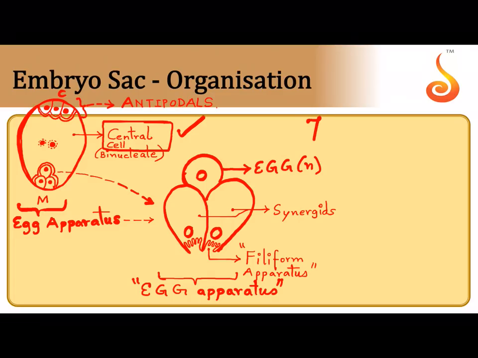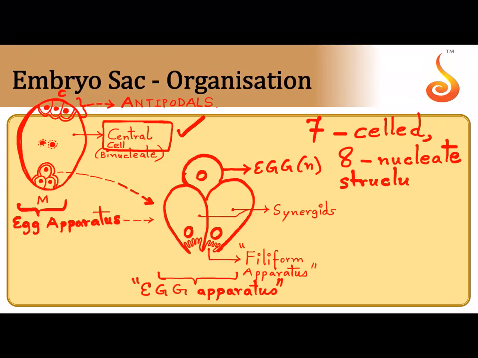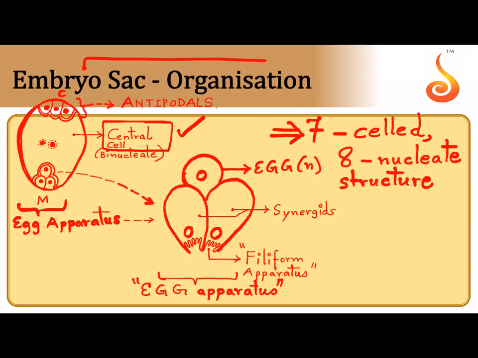So now you saw the organization: the embryo sac or the female gametophyte is a 7-celled, 8-nucleate structure.